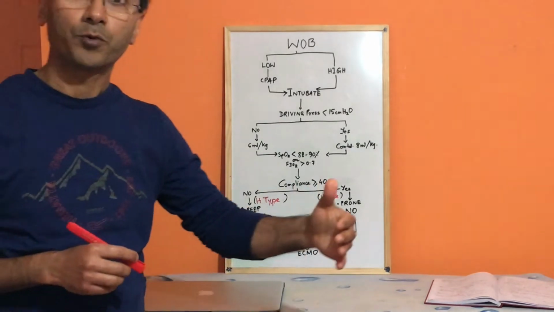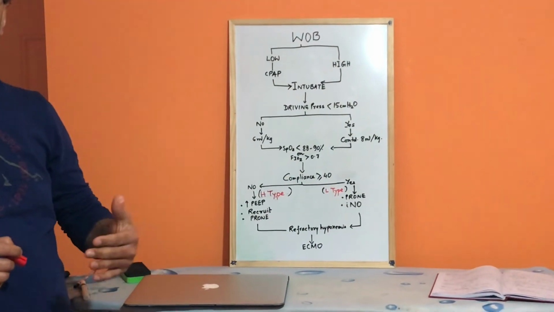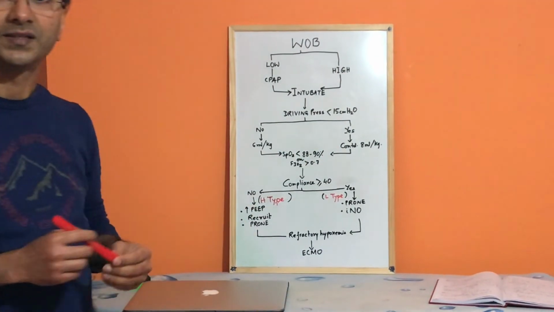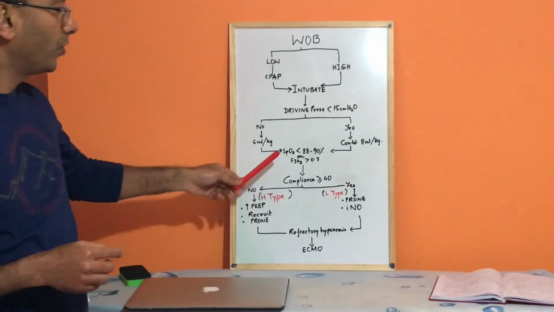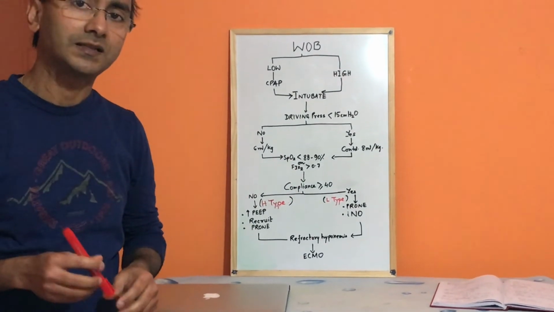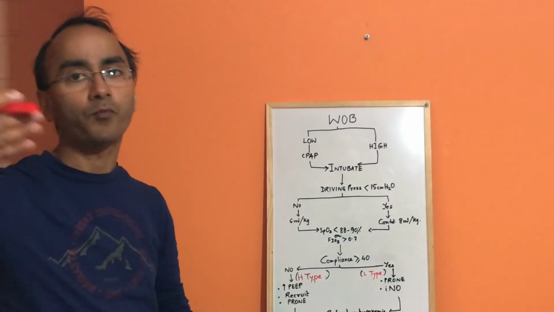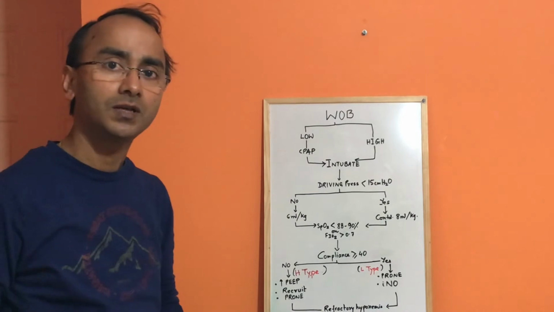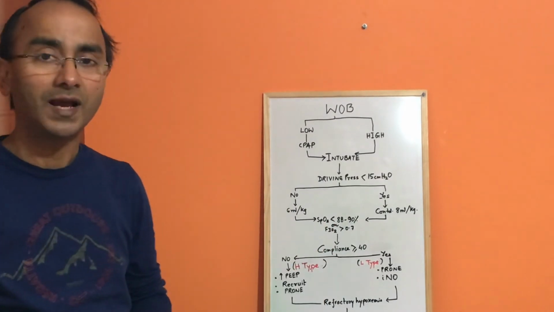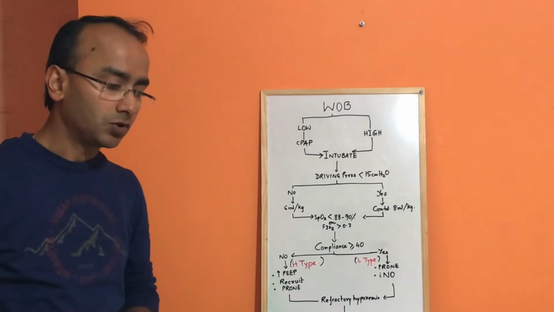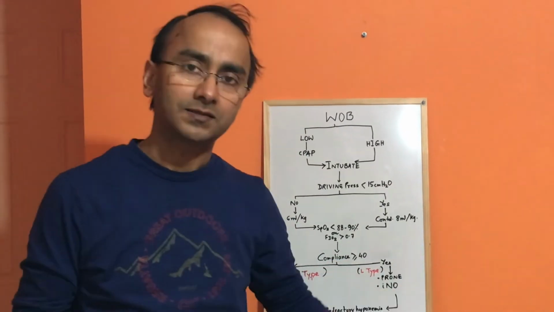Now, as time progresses, if the patient's condition worsens from a breathing point of view, we look at a situation where the FiO2 requirement has gone up, around 0.7 or 70%, and saturation is still around 88 to 90. Then we think about where to go next.